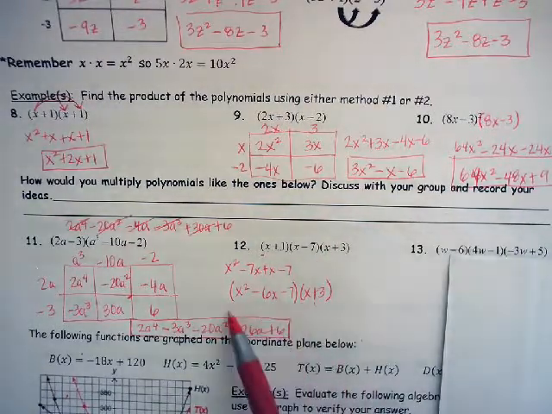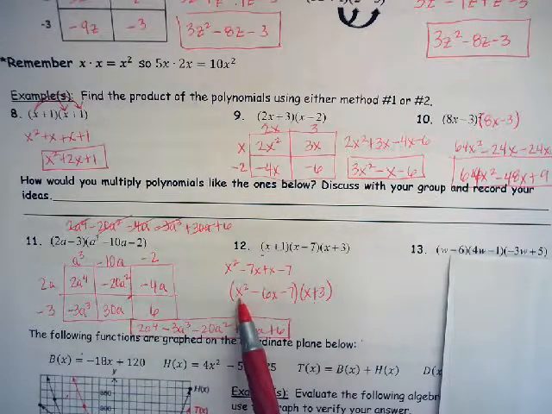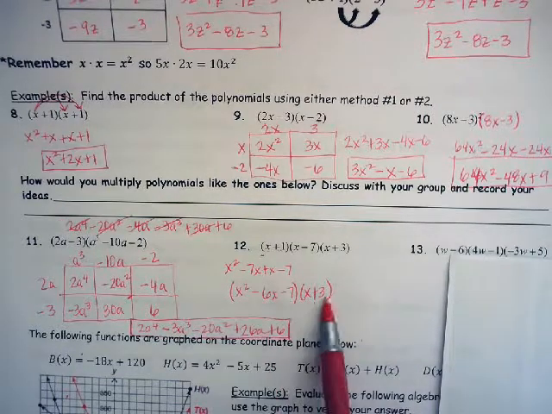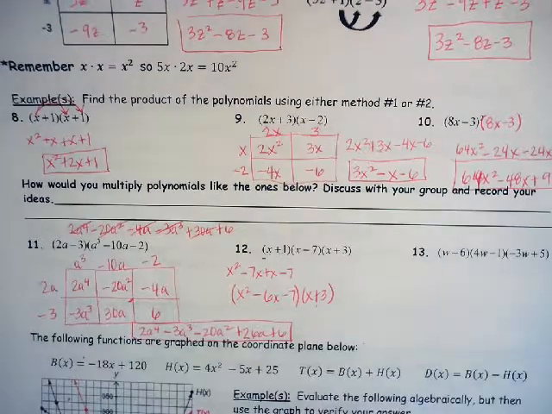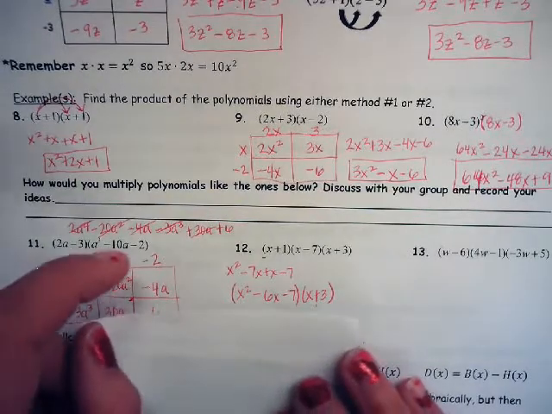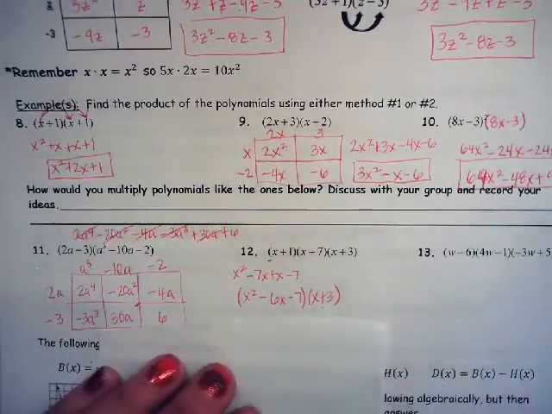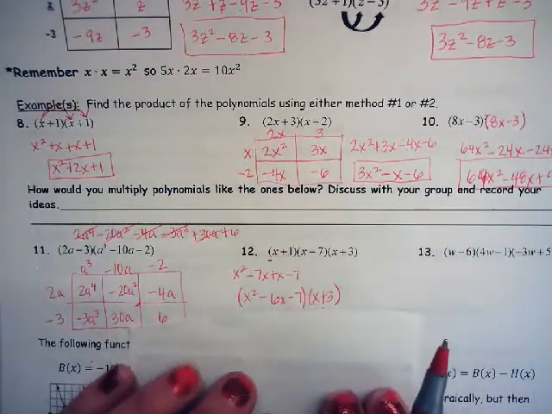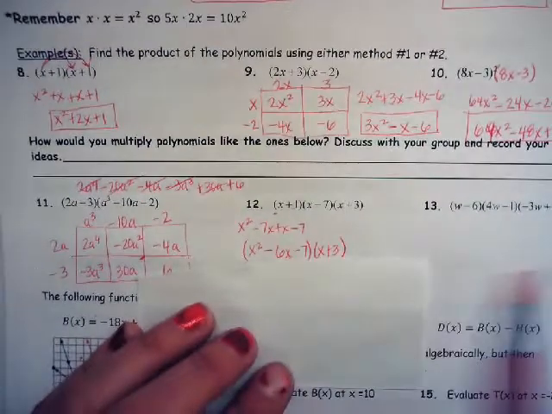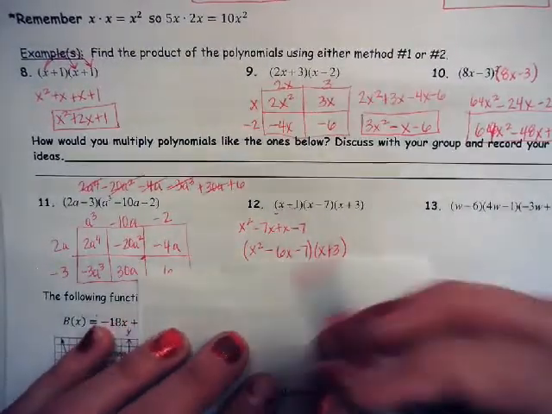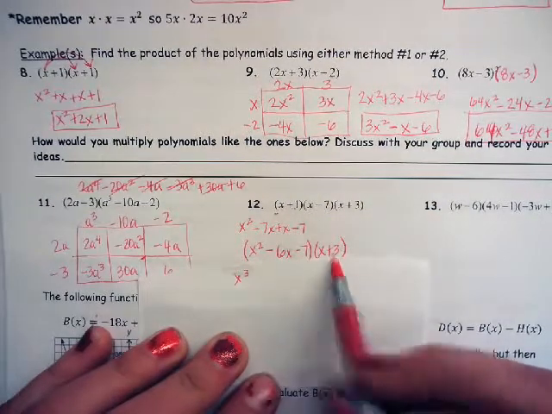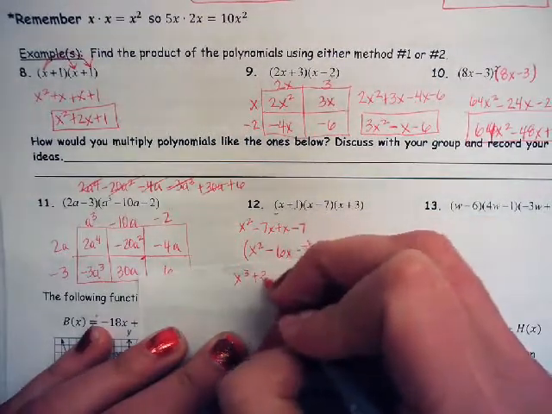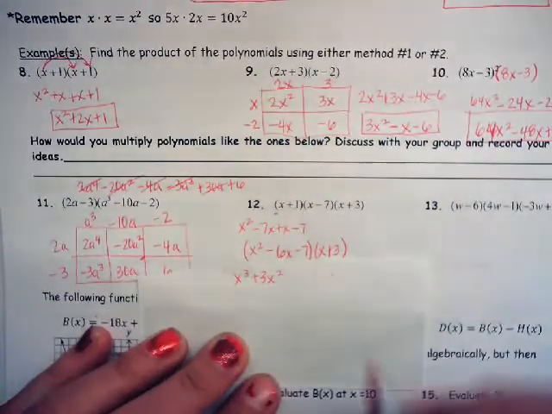So if I'm thinking of distributive property, I need to take x squared and multiply it by both of those, then take negative 6 and multiply it by both of those, and then negative 7 and multiply it by both of those. So I'm going to cover this up for just a minute for my notes and just write over the top of it here, so I give myself a little more room. So x squared times x gives me x cubed. x squared times 3 gives me a positive 3x squared.